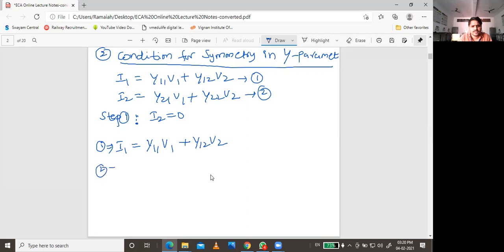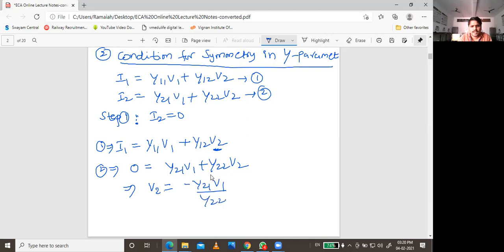Now the second equation: I2 equal to 0, therefore Y21 V1 plus Y22 V2 equal to 0. We want to express this V2 in terms of V1. So V2 equal to, bring Y21 V1 to the other side, minus Y21 V1 by Y22.